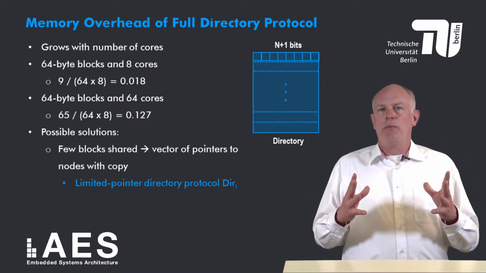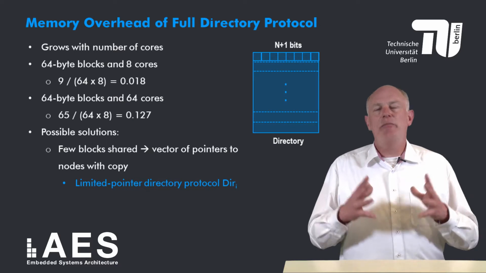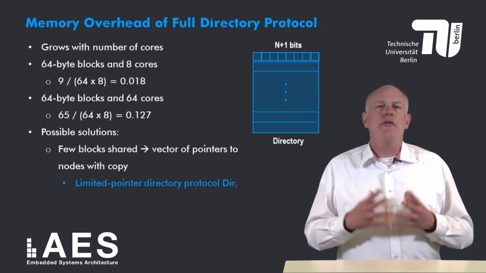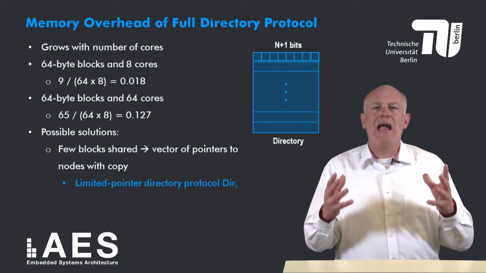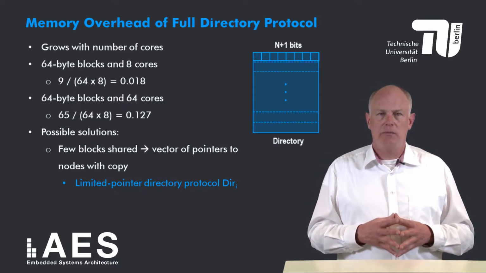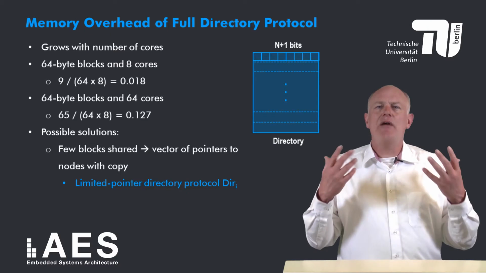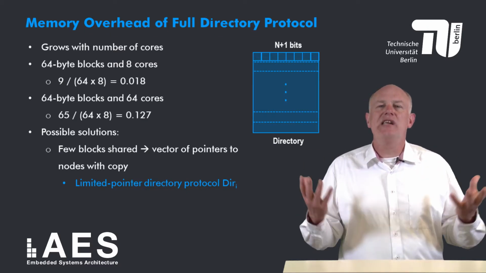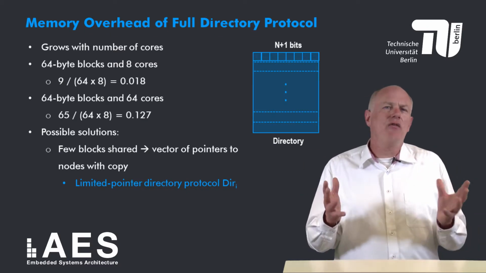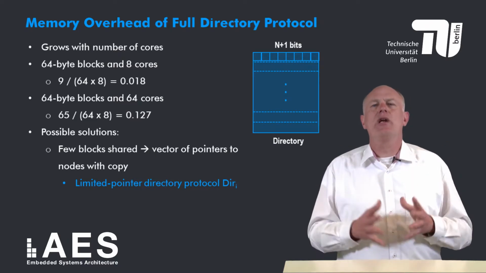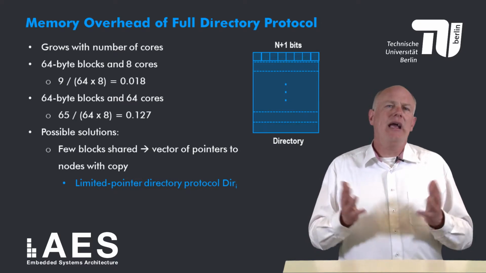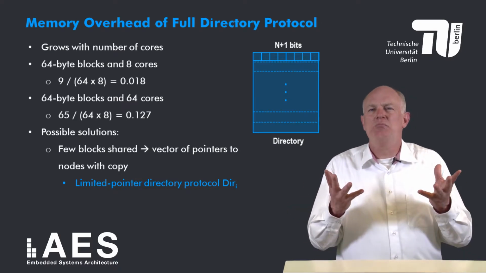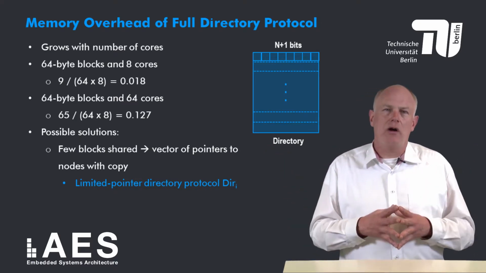Also for this problem, several solutions have been proposed and implemented. The first solution is based on the observation that few blocks are actually shared between nodes. In other words, if we have a multi-core with, say, 128 cores, it is very uncommon that all of these 128 cores have a copy of the same block. It is far more common that at most, say, 4 cores have a copy.